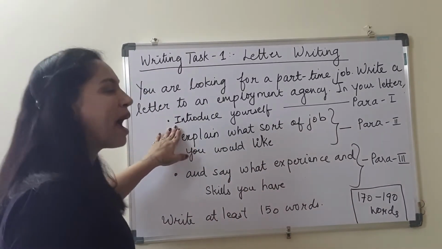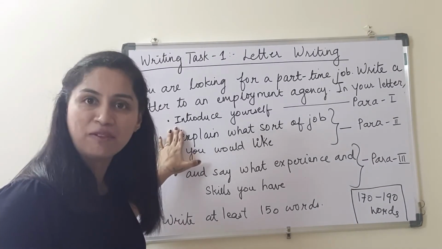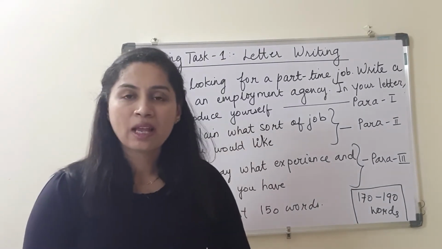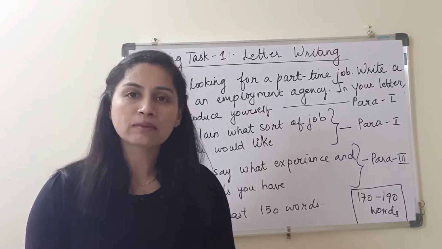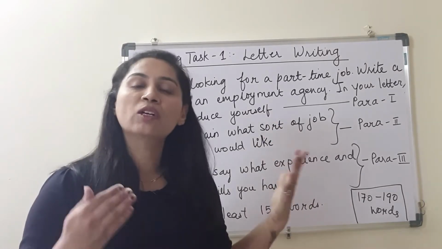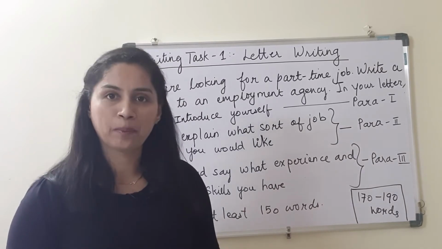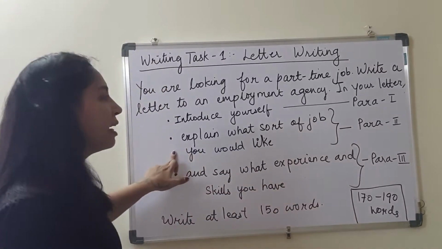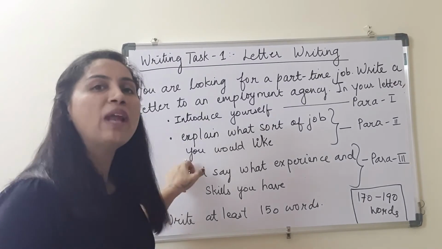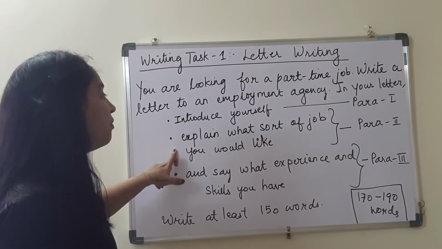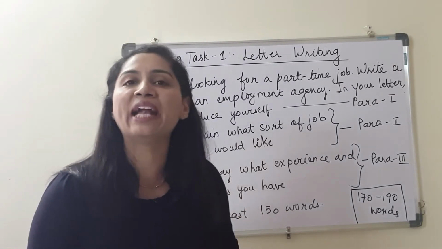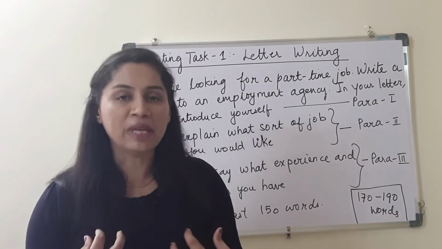In my first paragraph, I would introduce myself, my name and my age, or I can say my date of birth, and what qualification I have. After that, the second paragraph would have more weightage. Here I have to explain what kind of job would suit me.